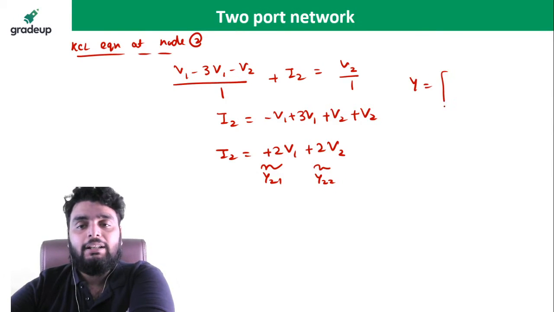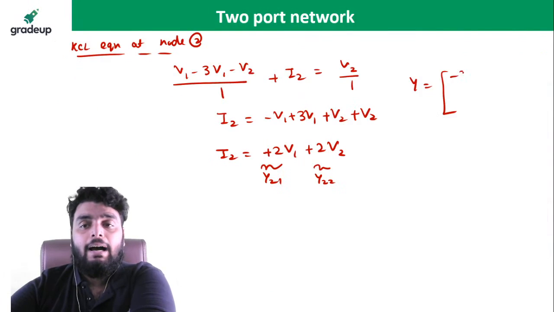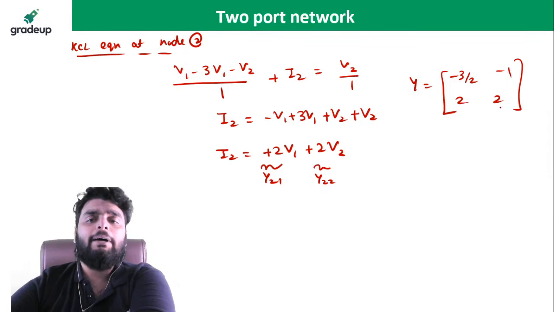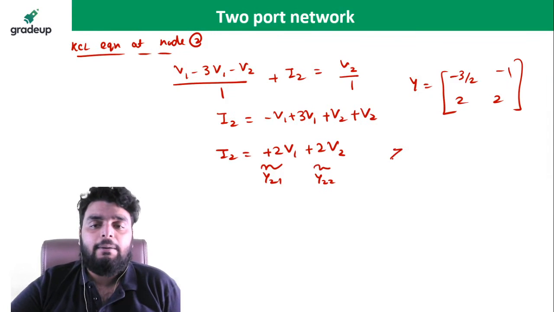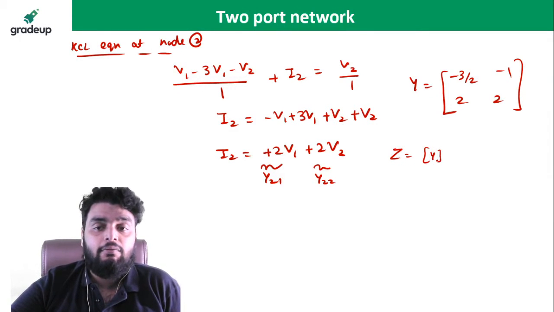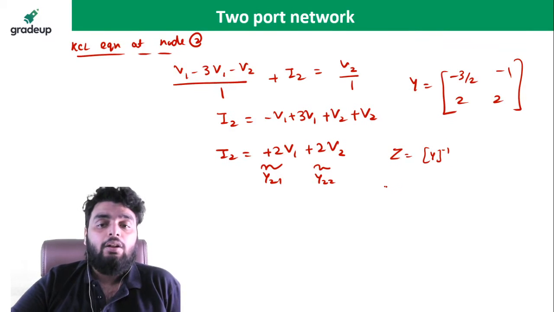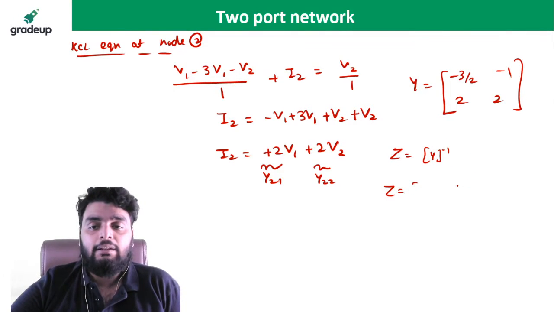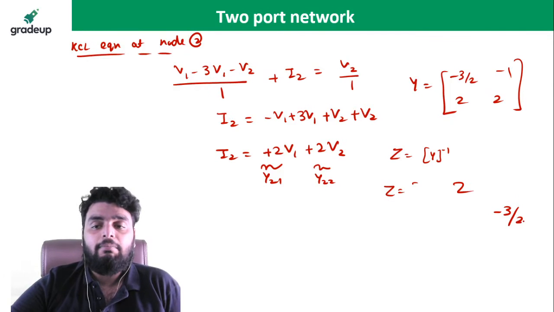So Y पैरामीटर कितना आ गया? सिंपल से आ गया कितना? Minus 3 by 2, minus 1, 2 and 2. Simple. Now what will be the Z parameter? It is just the inverse of the Y parameter. So the Z parameter will be, इसका inverse करो, 2 minus 3 by 2 plus 1 minus 2.